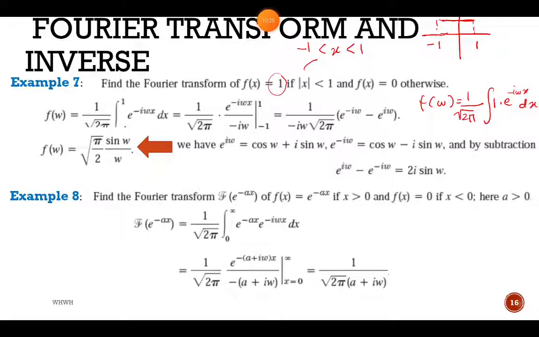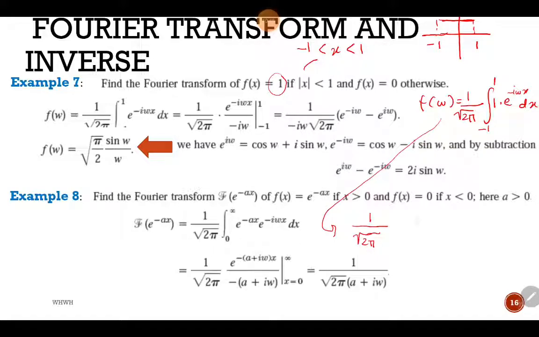Okay, kita akan integrate daripada negatif 1 ke 1. Okay, so then you will get, saya pergi kat sini ya, 1 per sqrt 2 pi.